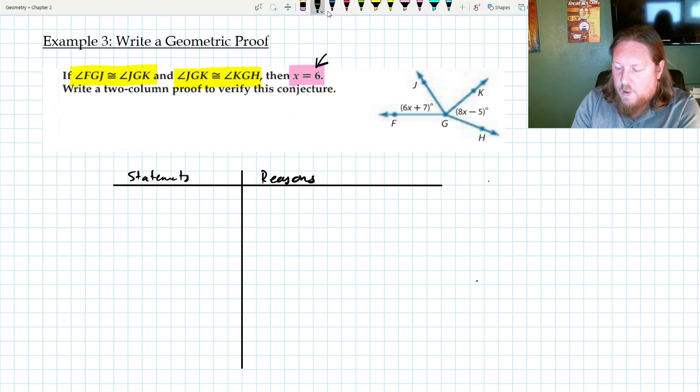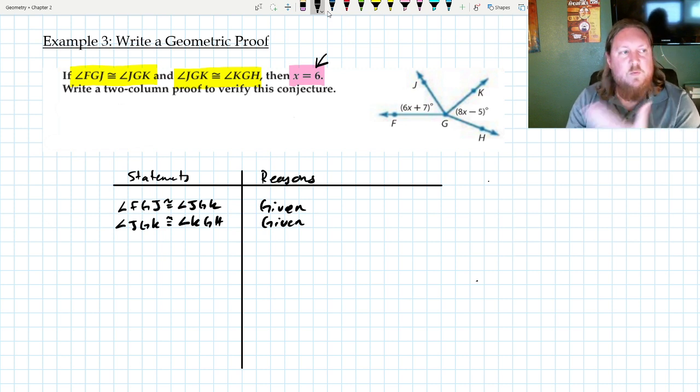All right, what are we given? Angle FGJ is congruent to angle JGK, and angle JGK is congruent to angle KGH. These are both given.